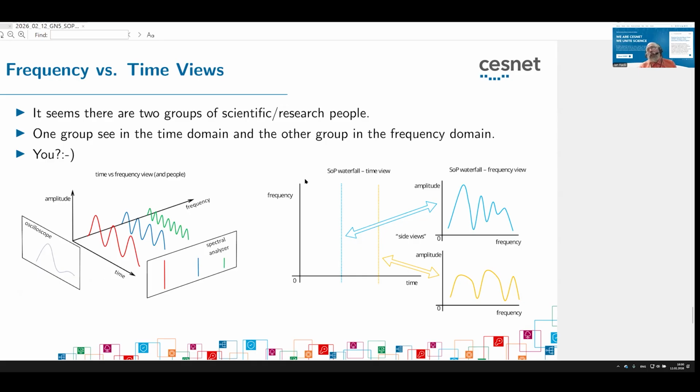So basically this is a waterfall, SOP: we can see time just running, and you can see frequency, and this is a side view. You may imagine these frequency peaks or hills pointing towards you or in the opposite direction. So that would be a 3D picture of what's going on.